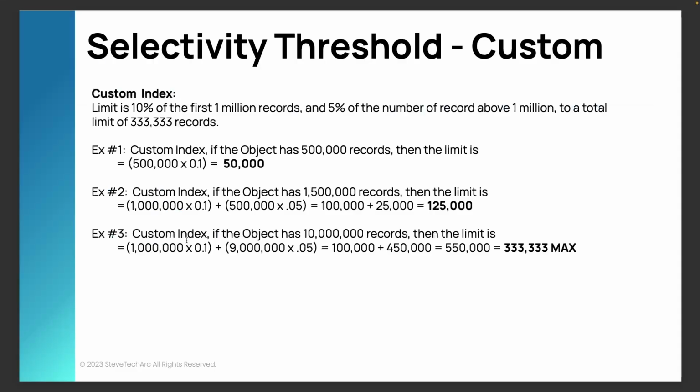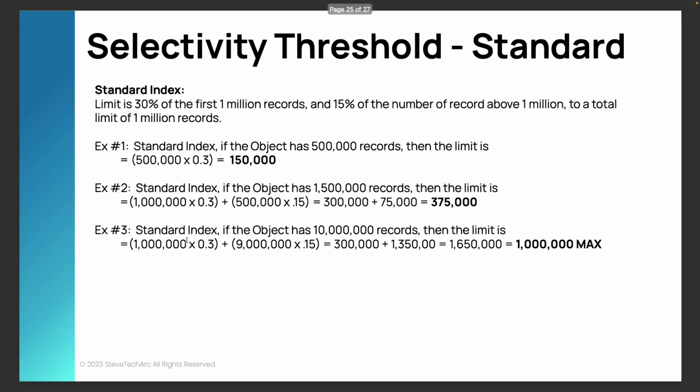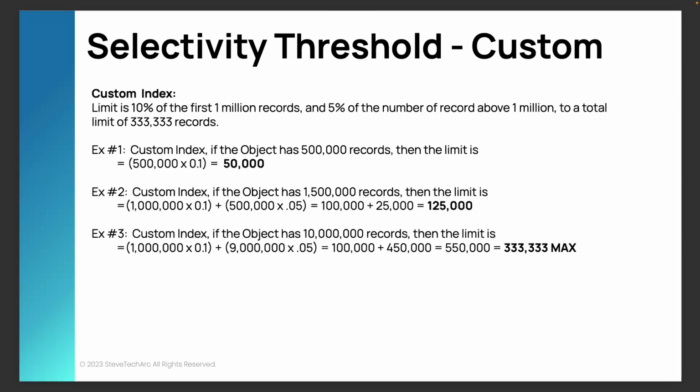Now we're going to be looking at custom indexes, which are a third of that. So we were at standard index 30%, which had a speed limit of the first million for a total of 1 million max. But now we're going to be looking at custom indexes.